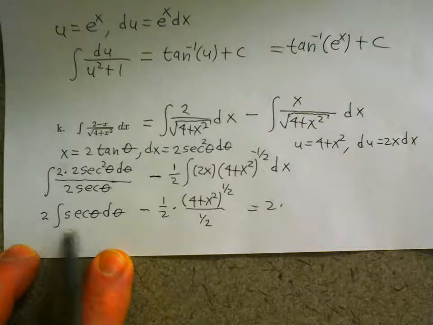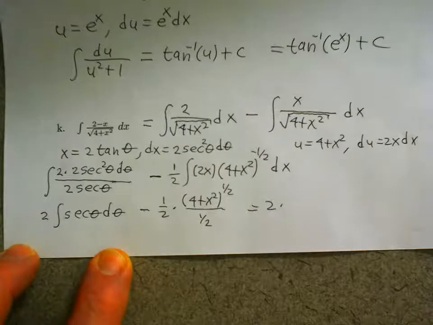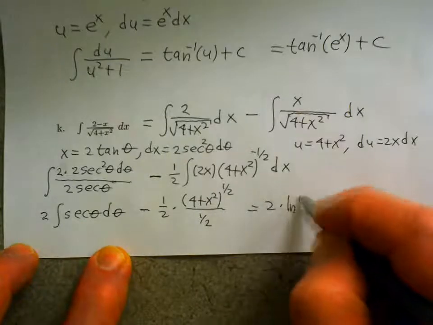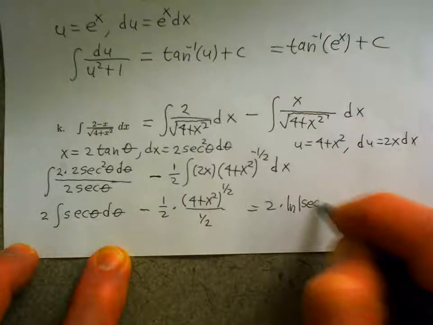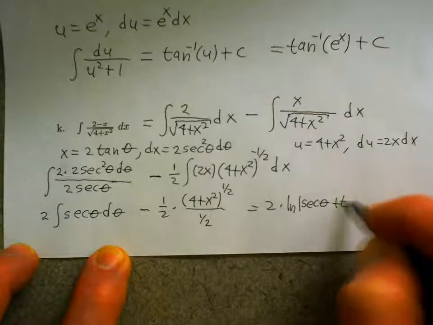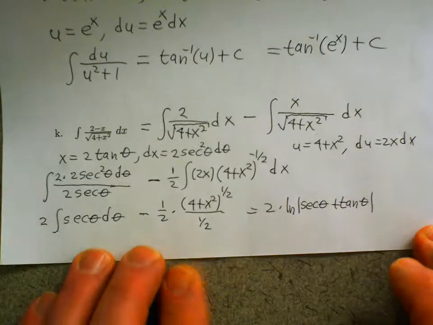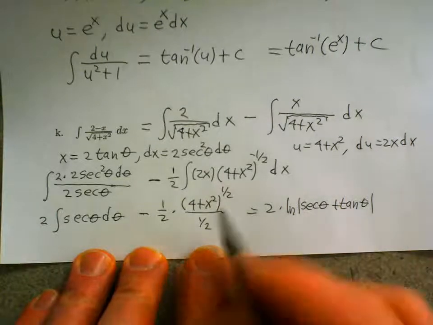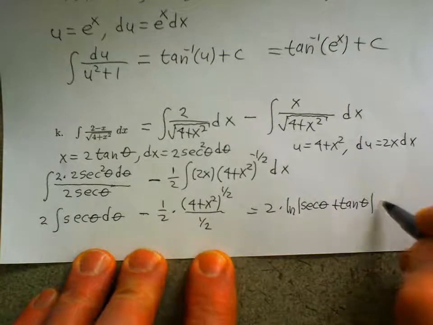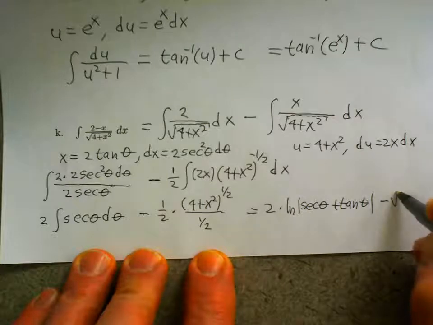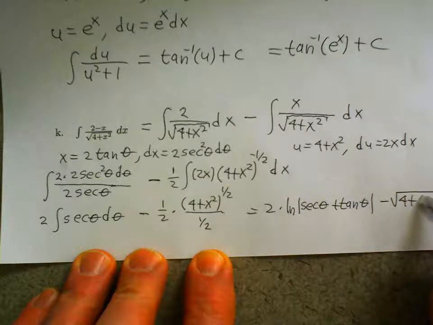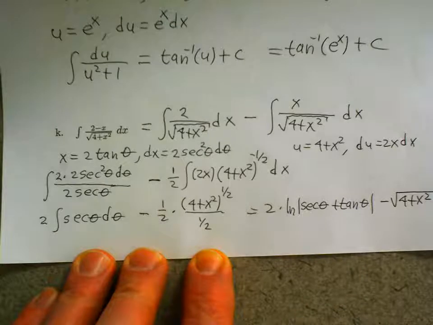Okay, the antiderivative for secant of theta is the natural log of the absolute value of secant of theta plus tangent of theta. And this other one simplifies to minus the square root of 4 plus x squared, and then plus a constant.